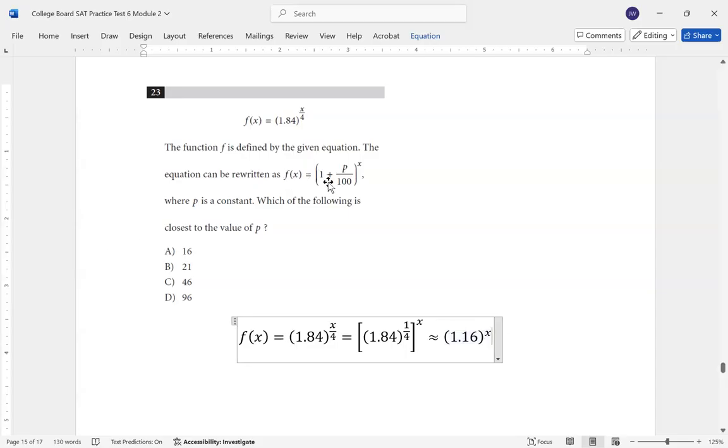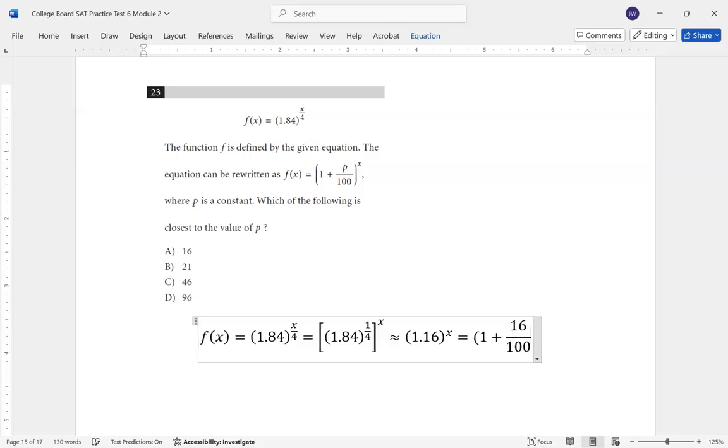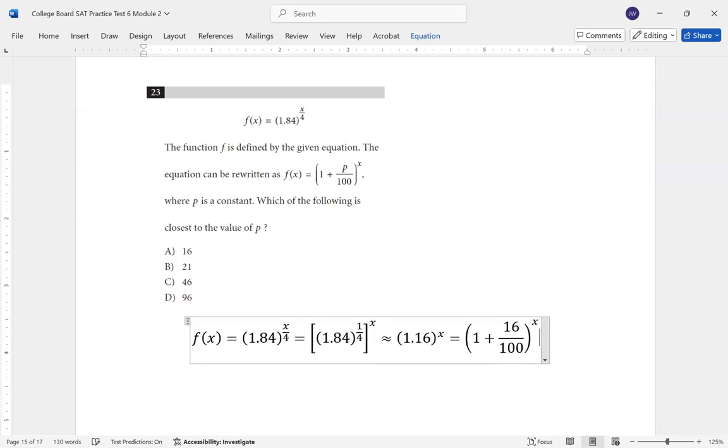Now think about what this question is asking. It's asking for what is 1 plus p over 100. That's basically asking for me to rewrite 1.16 as 1 plus 16 over 100. That's 0.16 is 16 over 100, raised to the x power. So what is the closest value of p?